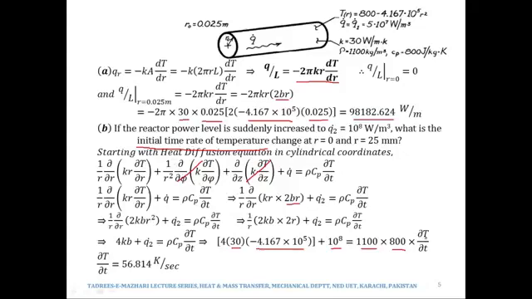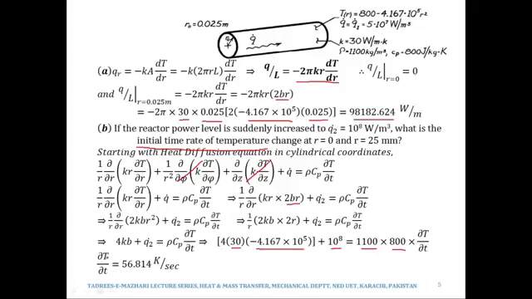We get dT by dt as 56.8, and the units would be Celsius per second or Kelvin per second, because that is a change in temperature. A change in temperature in Celsius is equal to the change in temperature in Kelvin.